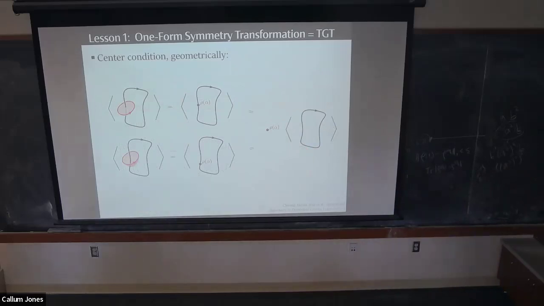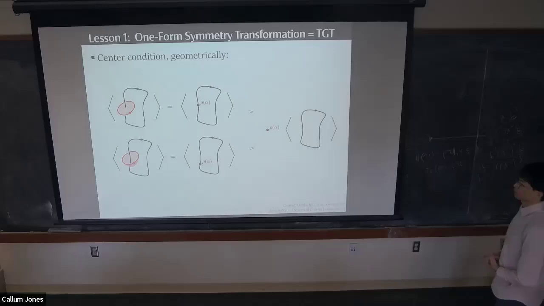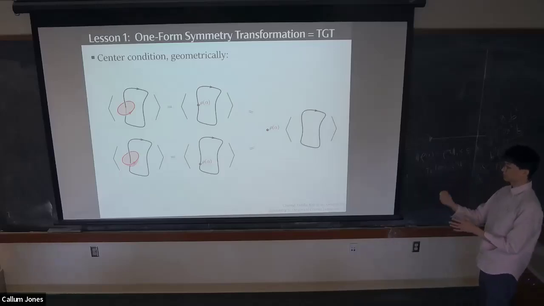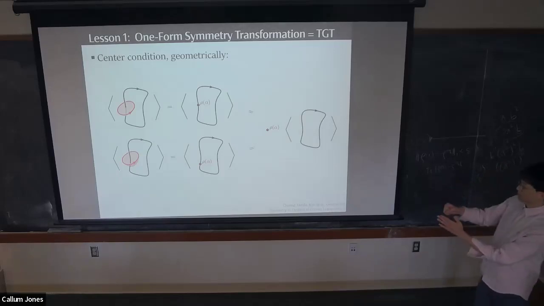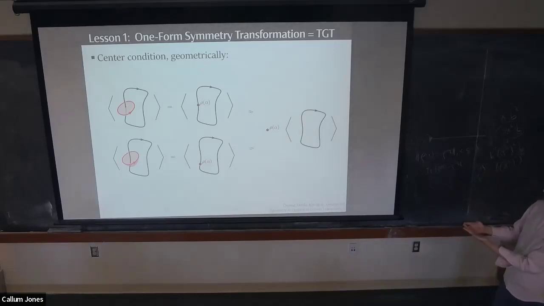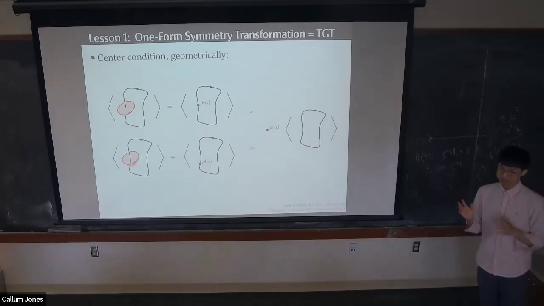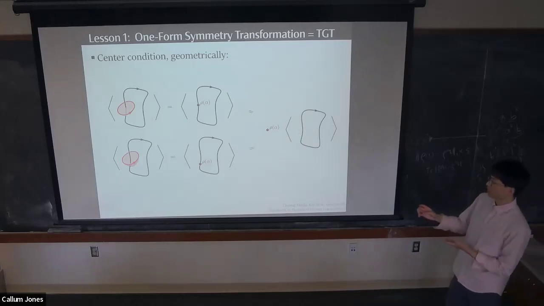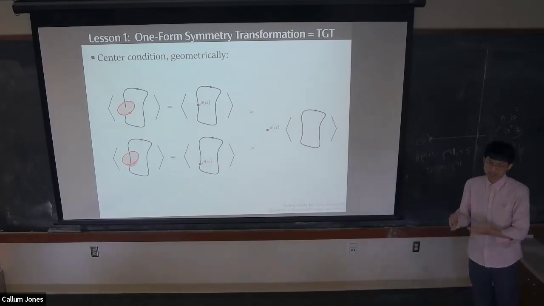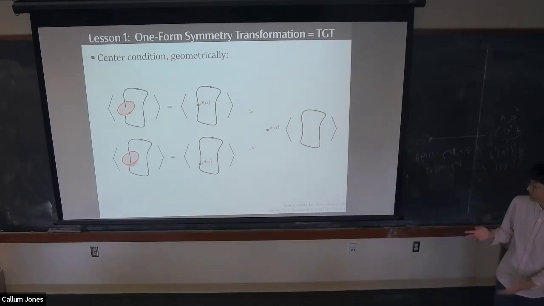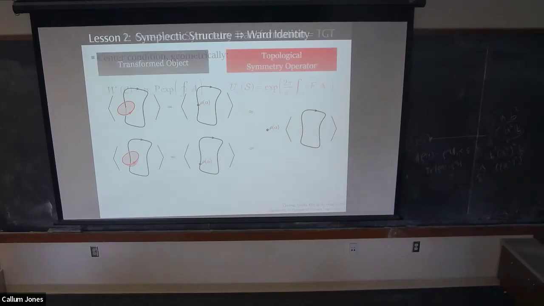Geometrically, you can visualize this in this way. Intuitively, the symmetry operator inserts the representation of the center element at a point on the Wilson loop. But crucially, we stipulated that this operator is topological, so the branch cut should not be pinpointed by any sort of operation. That explains why the symmetry operator has to be labeled by the center element.